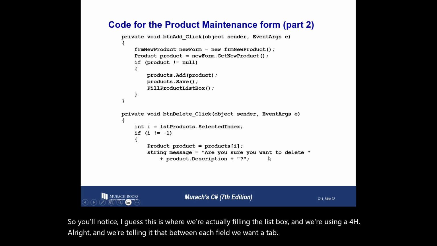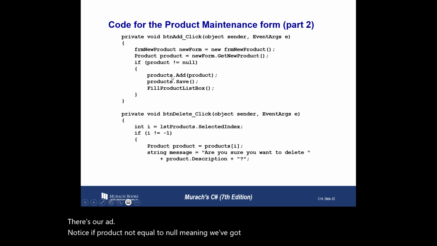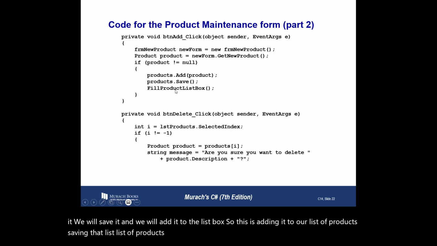All right, there's our add. Notice if product not equal to null, meaning we've got something written in there, we will add it, we will save it, and we will add it to the list box. So this is adding it to our list of products, saving that list of products, and then using it to fill up or add to the list box.